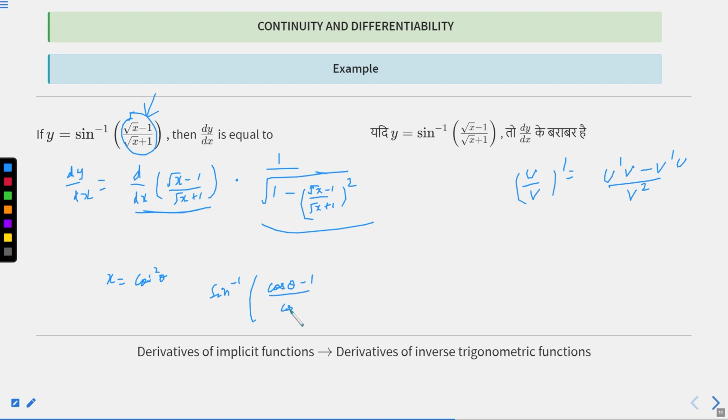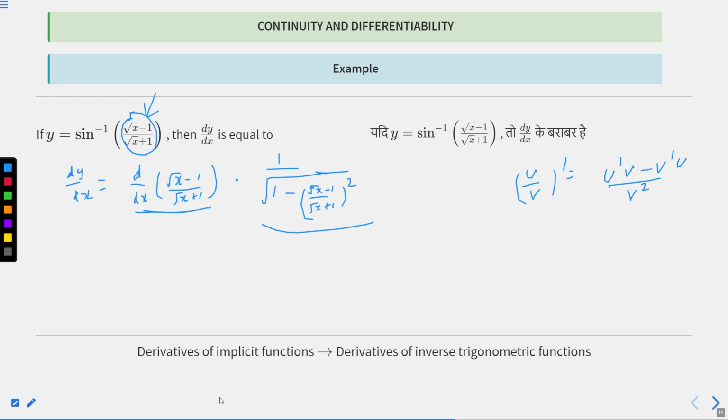So it will be, as you can see, 1 plus cos theta, 1 plus cos theta. For now, let me just not give you the idea of substitution. You will know what we mean by substitution and how substitution works in derivatives, but not now.